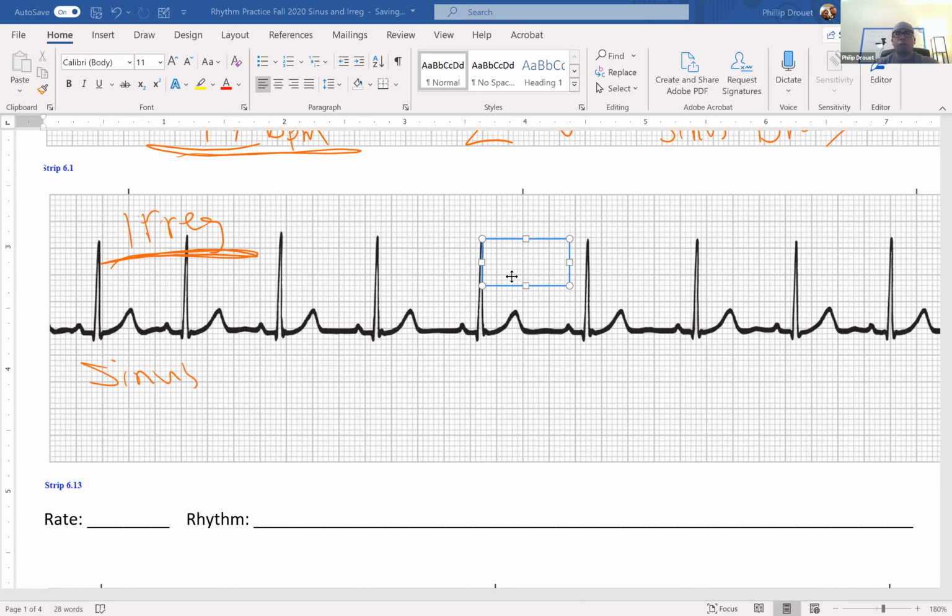If I were to have done it here, we have 5, 10, 15, 16, 17, 18, 19, 20 boxes there. Well, this blue box measures up to the first 2 over here, and that's a distance of 16. So if I put 1500 divided by 16, I'm going to get somewhere close to 100. If I do it by 20, I'm going to be getting around 75 or something like that. So that's going to be different. We don't want to be using the 1500 method here because it's irregular.